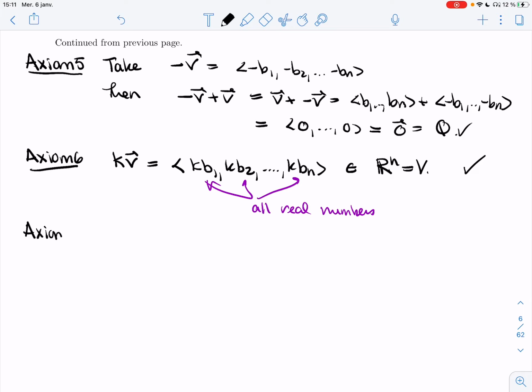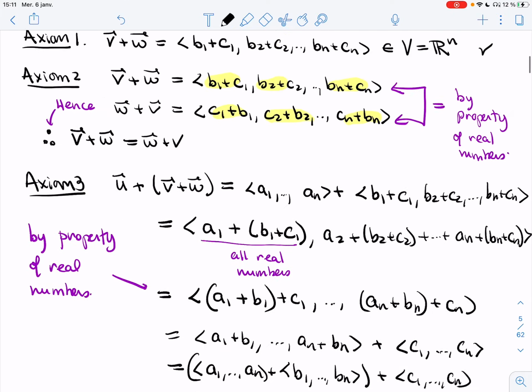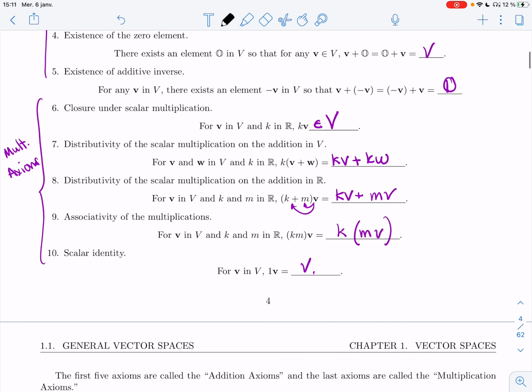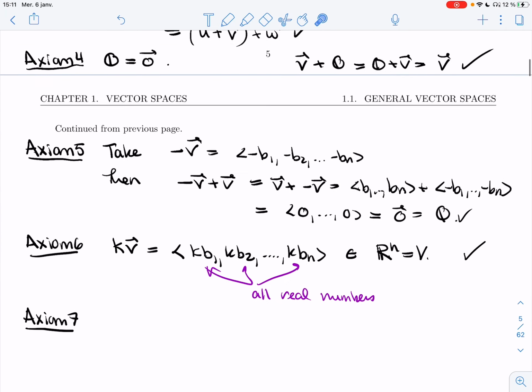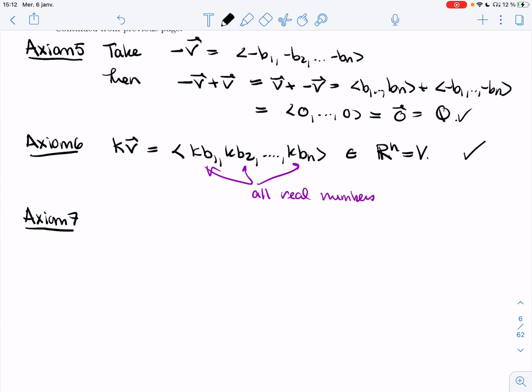Axiom 7. Let's check. I need to check that whether I do K times V plus W or I add KV and KW, I get the same vector. So let's spell both of them out. K times V plus W, that's K, and then V plus W is going to be this element here where I add the B's and the C's.